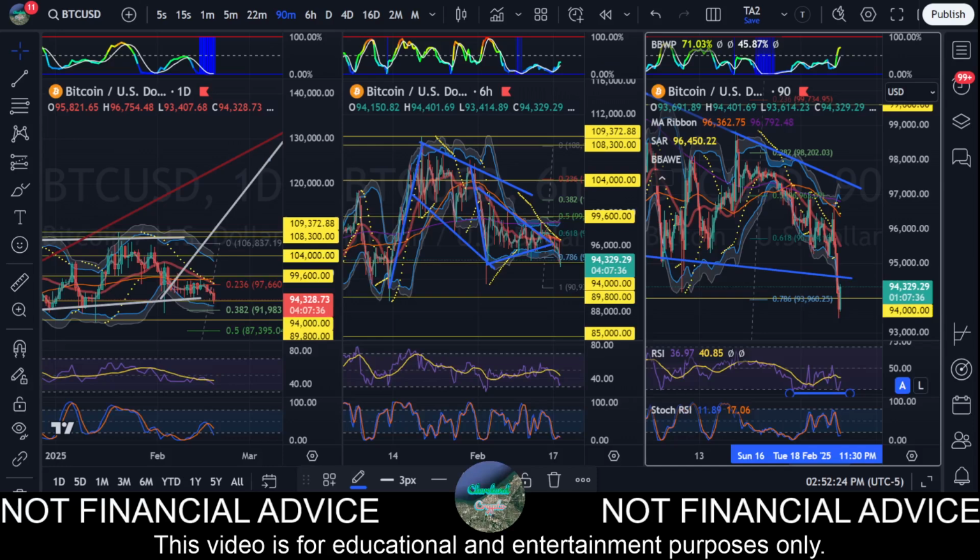You see these flat bottoms on RSI, and you couple that with the bottoms going down on price action. So we're seeing divergence between the price action showing lower lows and the RSI showing flat lows. What that indicates is a possible reversal pattern. So let's watch and see.